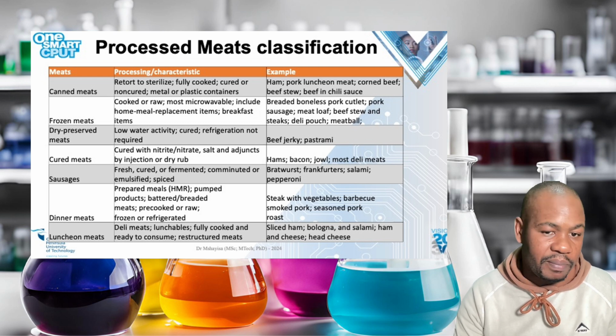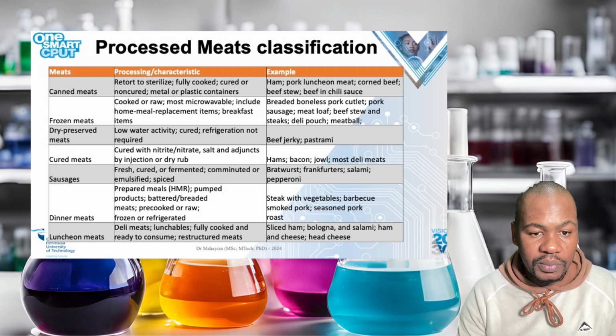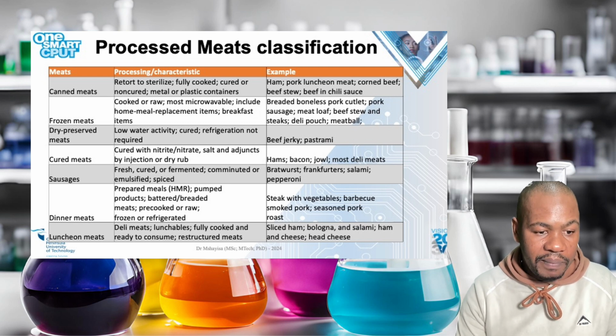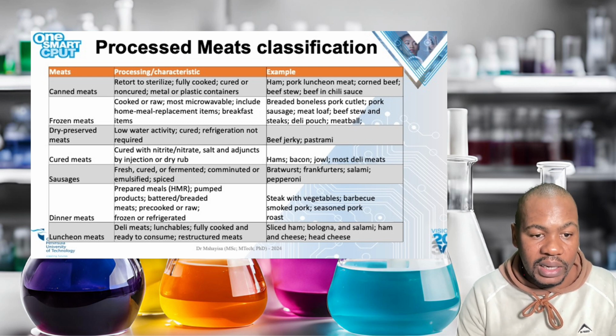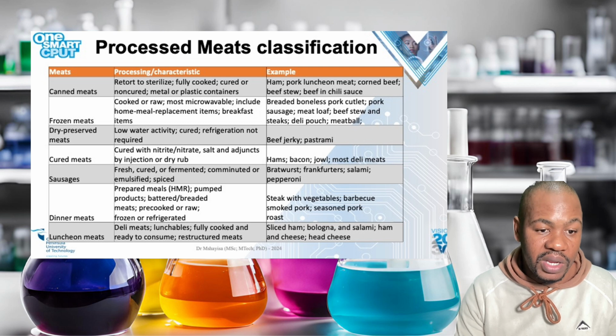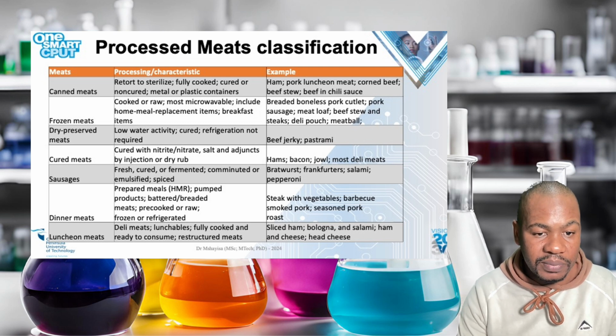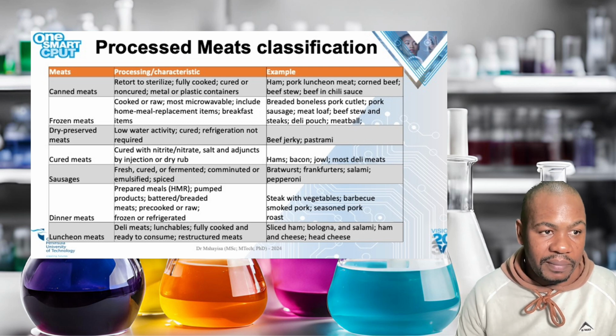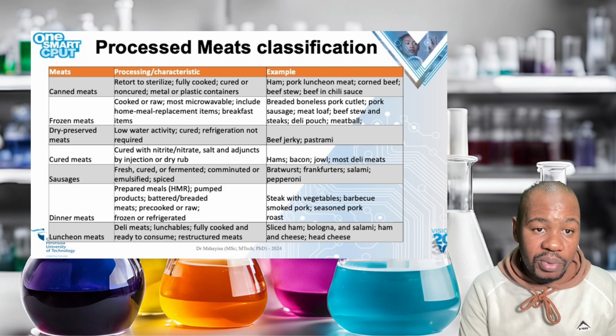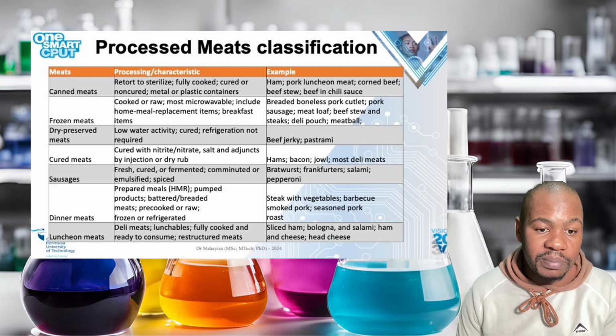In some cases, they are pre-cooked or they are raw. Sometimes they are frozen or refrigerated. So these are basically all the classifications that we have, including the last one, which is the luncheon meats. Their characteristics are different based on the processing and sometimes based on the final product that you have.